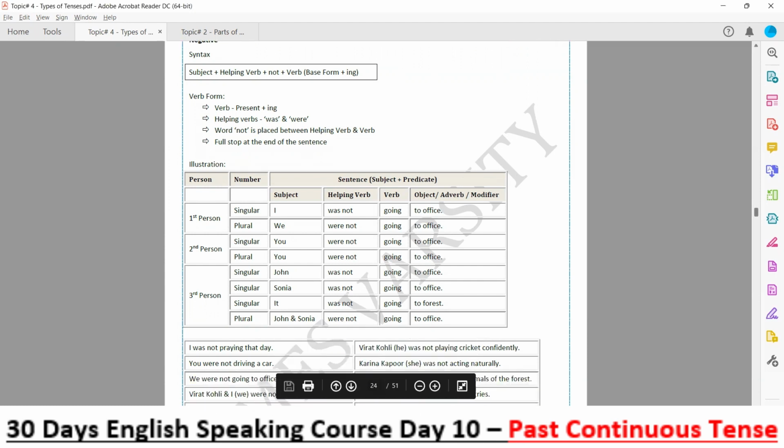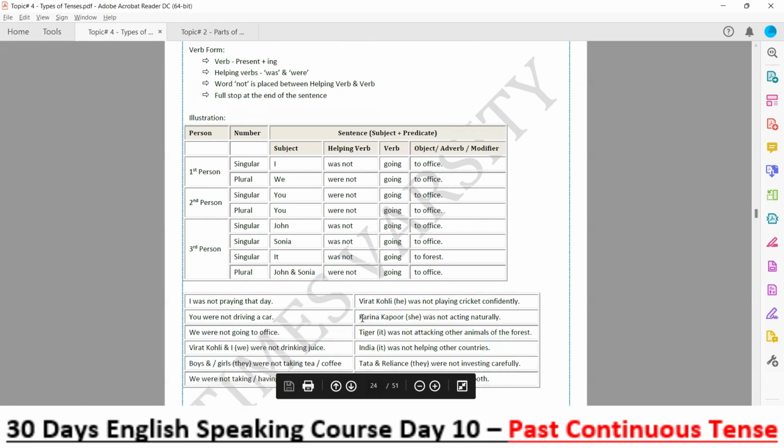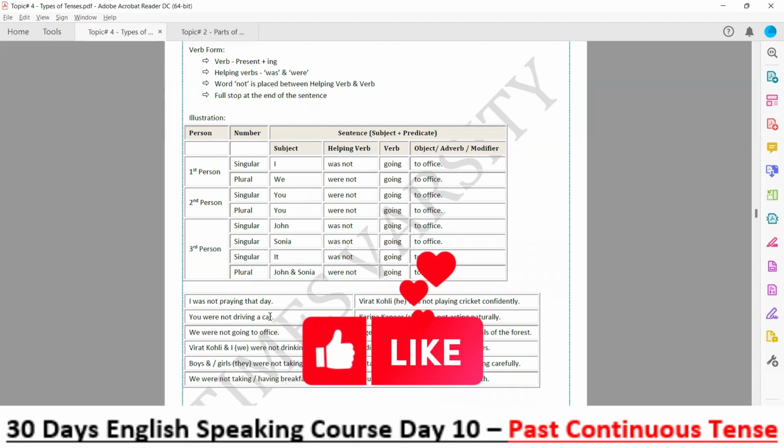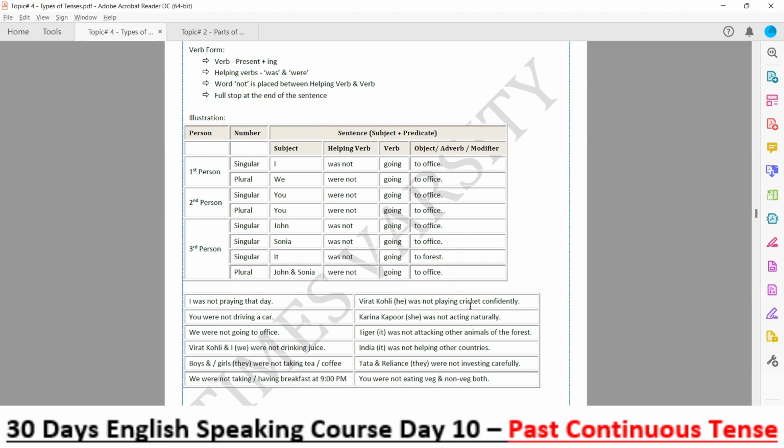For example, as we know that Virat Kohli didn't play good in the last match, right? And in past continuous, we can express it like this: Virat Kohli was not playing cricket confidently in that match, right?